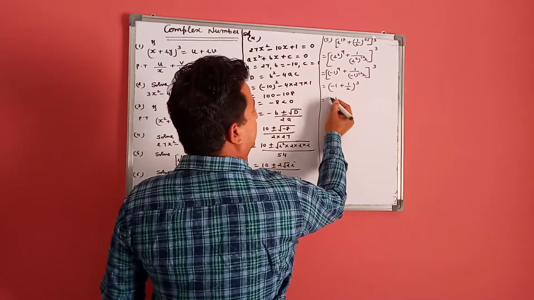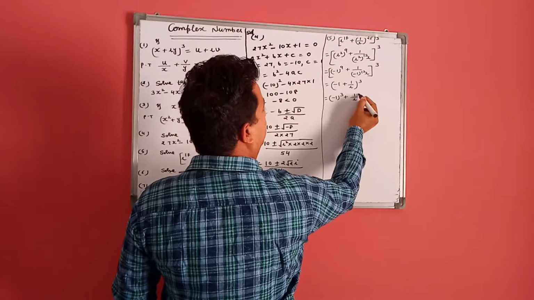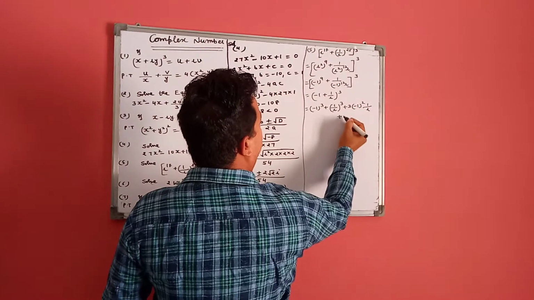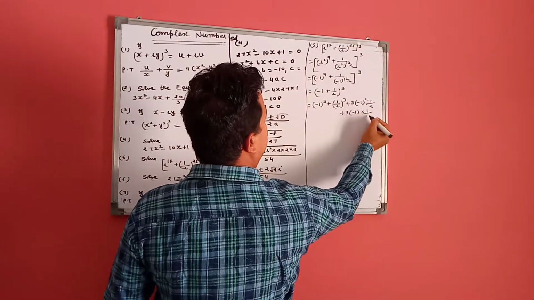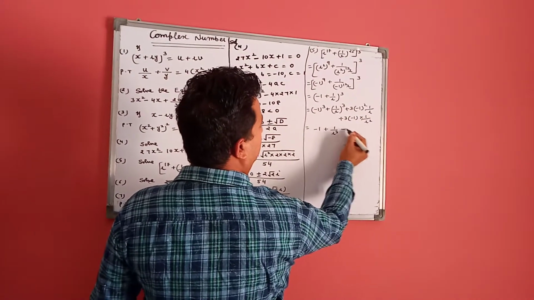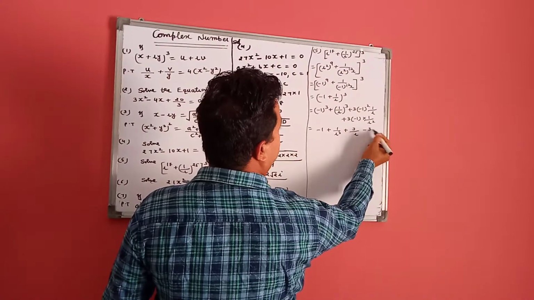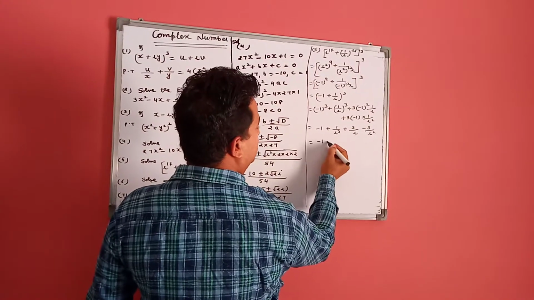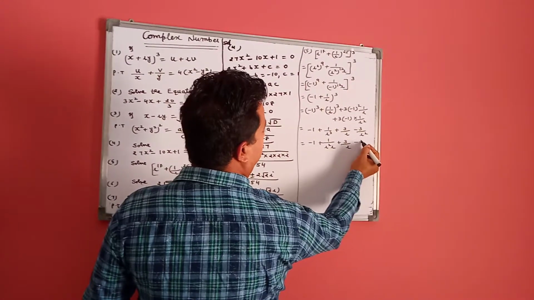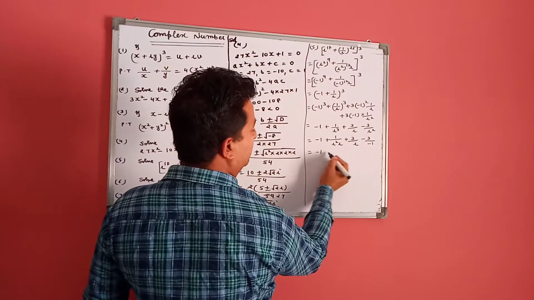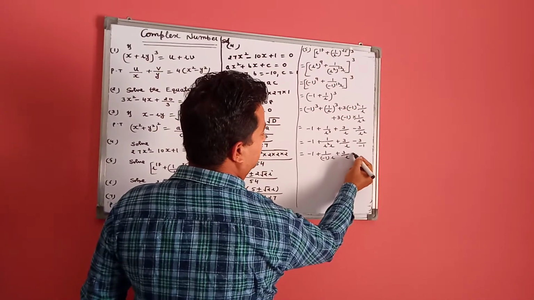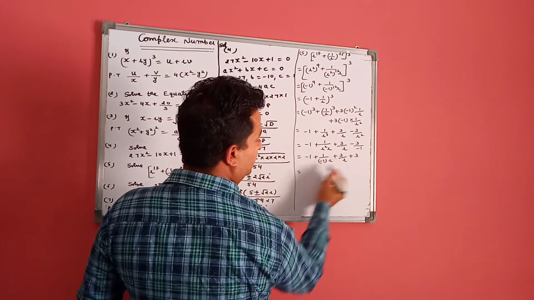Take the identity a cube plus b cube plus 3a square b plus 3ab whole square. This becomes minus 1 by y cube plus 3 by y, 3 by y square, minus 1. This becomes y square into y, 3 by y square is minus 1, y square is minus 1, plus 3 by y plus 3, minus 1 plus 3 is 2.